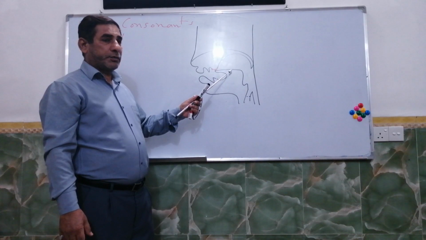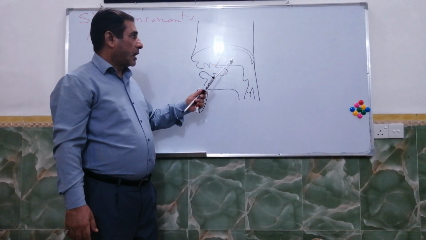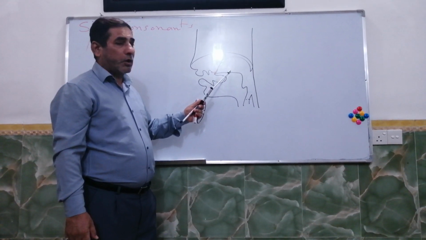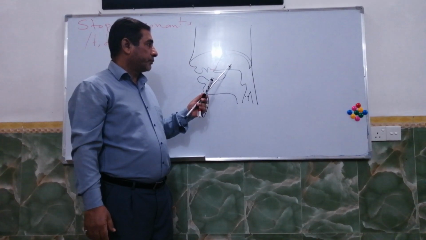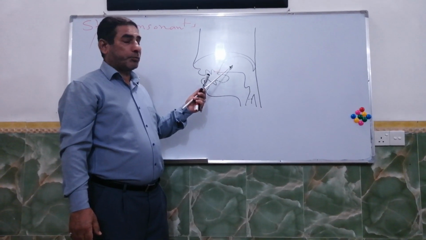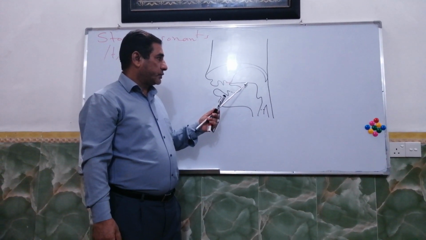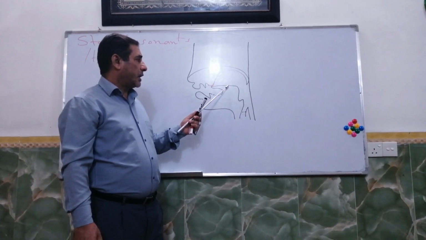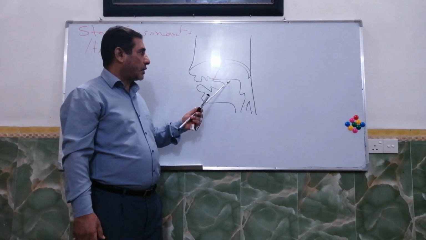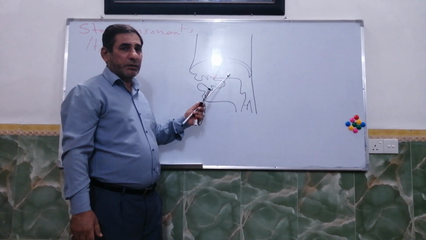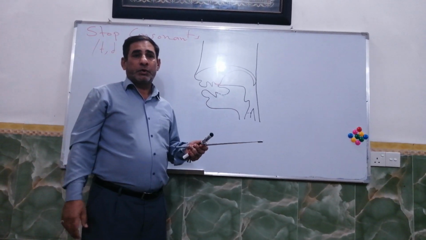Also, as you see here, the third point says that the sides of the tongue are in contact with the sides of the palate. Of course, this can't be shown in the diagram. Why? Because this is a profile, manzar janibi, so you can't see this. The third point again says that the sides of the tongue are in contact with the sides of the palate, so that the breath can't pass over the sides of the tongue and out of the mouth.